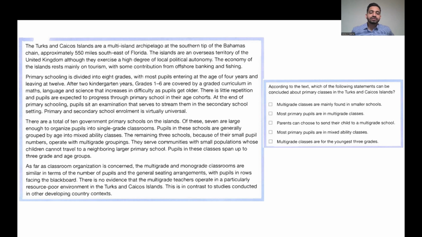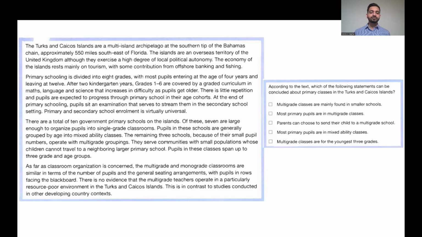And yes, that's correct, because it says the remaining 3 schools, because of their small pupil numbers, these are small schools, aren't they? They operate with the multi-grade groupings. So that actually is correct. So I've got 2 correct options so far. I'll keep reading and see if I can get more or if I can eliminate more.